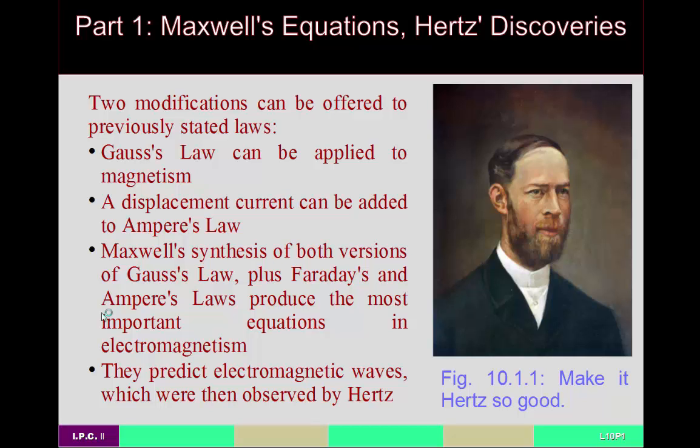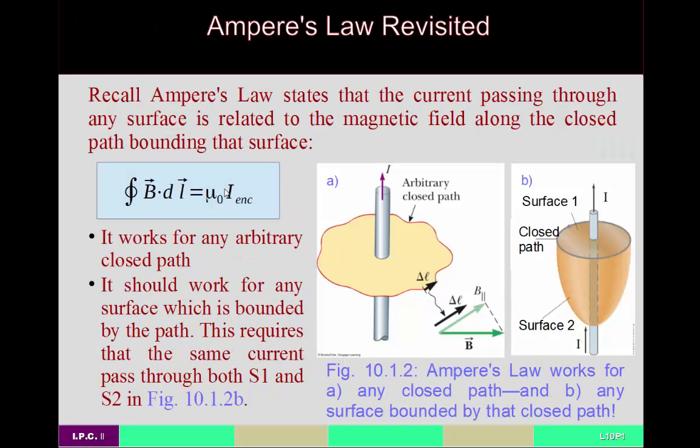In other words, anything that is in classical electromagnetism is going to be governed by Maxwell's equations and the Lorentz force law. So let's unpack that a bit, shall we? We'll begin with Ampere's law.